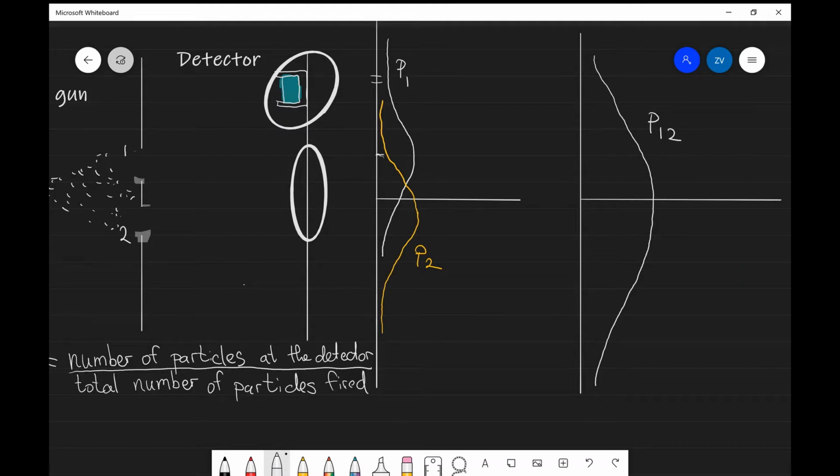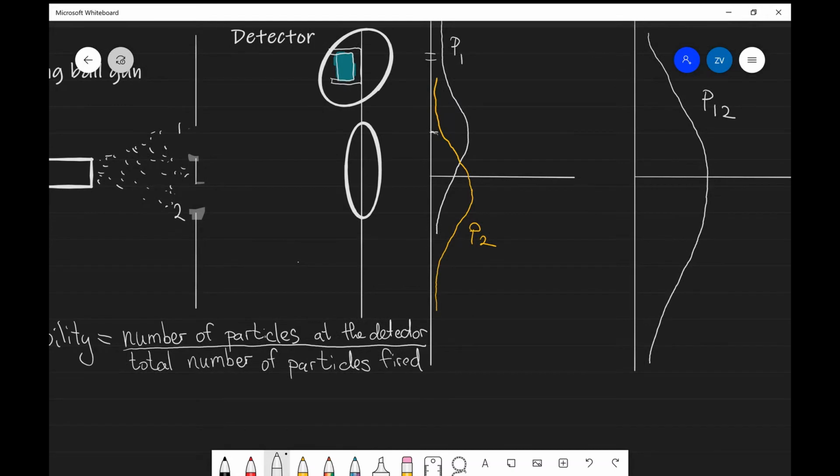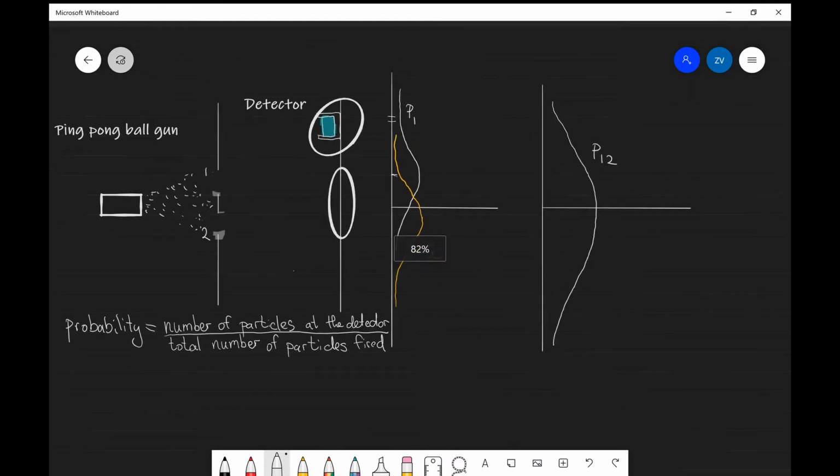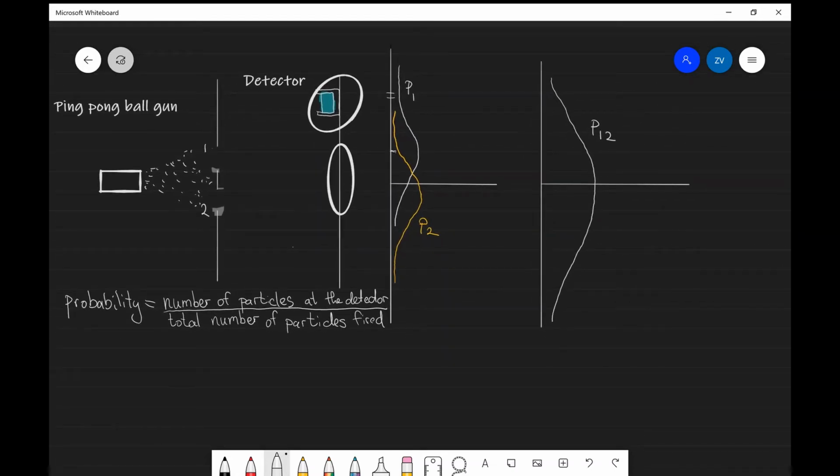Now, to summarize, this actually leads to some of the properties of particles. So number one, for the particles, and I cannot stress how important this is, particles tend to arrive in lumps. In other words, discrete quantities.